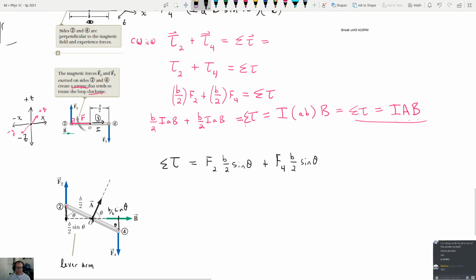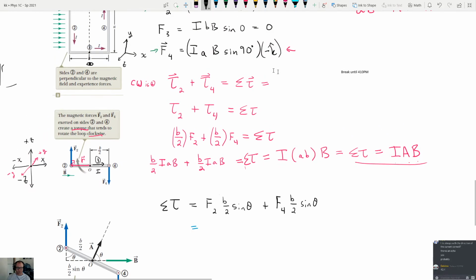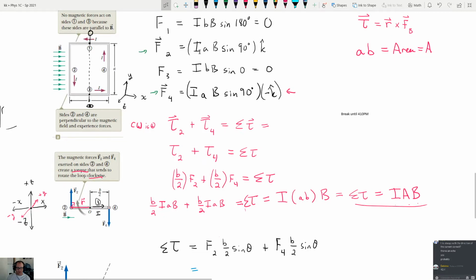Okay, I'm going to erase all the stuff I just wrote, but I just want to keep the picture kind of neat. So that's our torque now. And now if we plug in what F2 and F4 were, if we scroll up a little bit here, F2 was IAB, right? And F4 is the same, IAB, because sine 90 is 1.